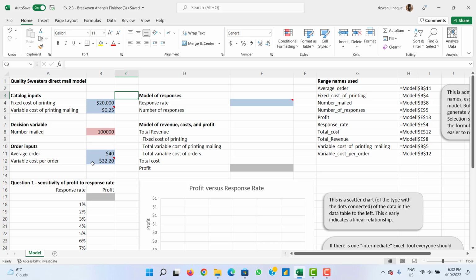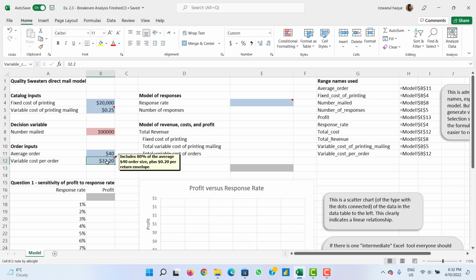And variable cost per order, you see that, includes 80% of the average $40 order size plus $20 per return envelope.